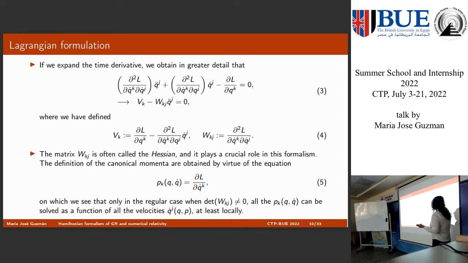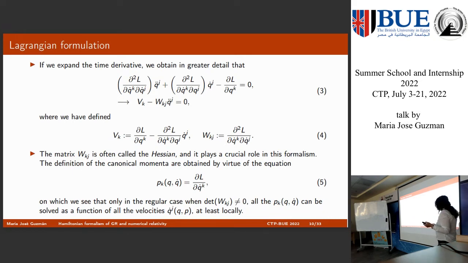picture. So in the Lagrangian picture, you work with the position and the velocity. Now we'll see that in the Hamiltonian picture, it is better to work with the Legendre transform of the velocity, and then we can express the velocity in terms of these momenta, the canonical momenta.